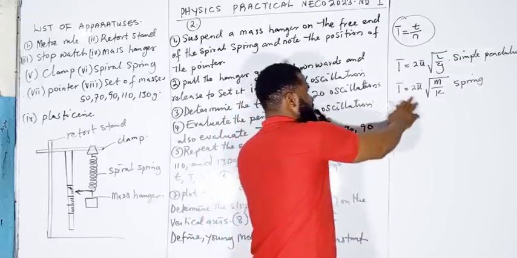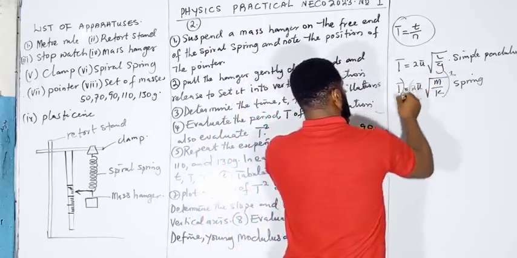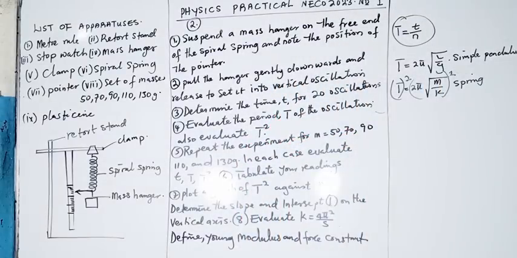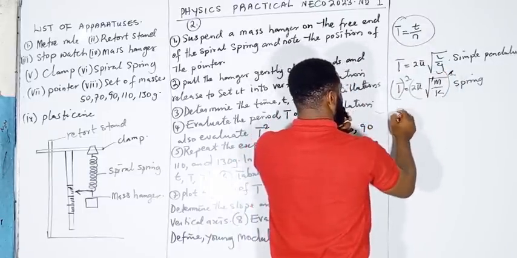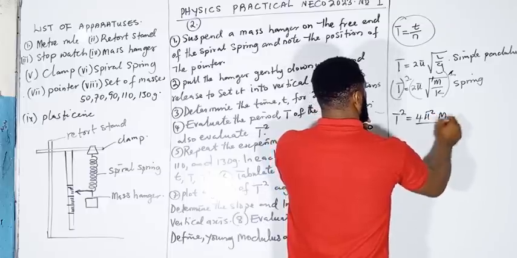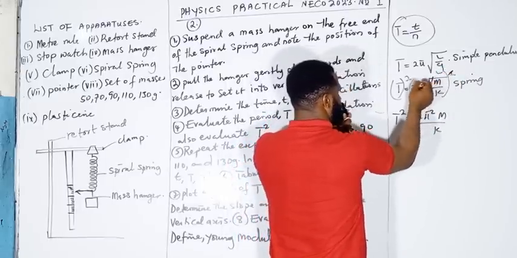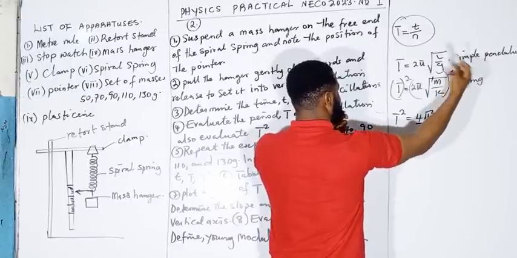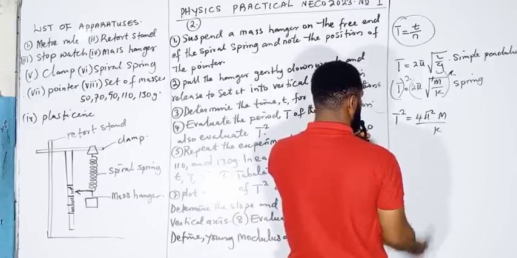Now, if you look at this very well, if I square both sides, you will see I will have T square is equal to 4 pi square m all over k. You know what I mean by that? Because the square root and the 2 cancel, the 2 becomes 4, and the power on pi becomes pi square. Then this is what you have.